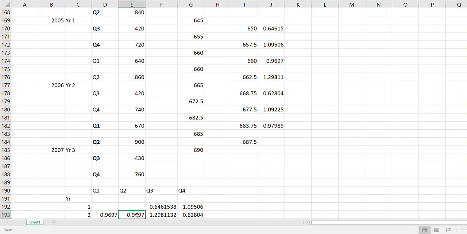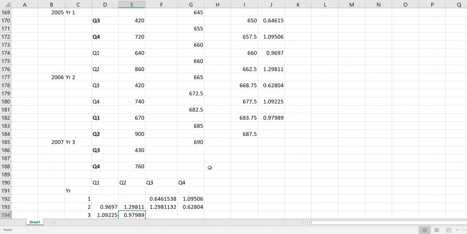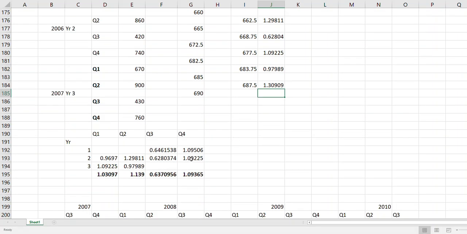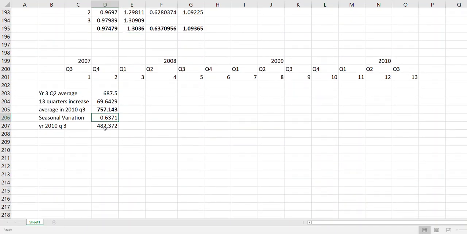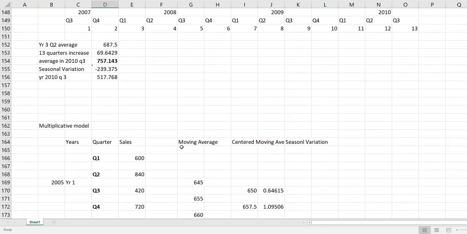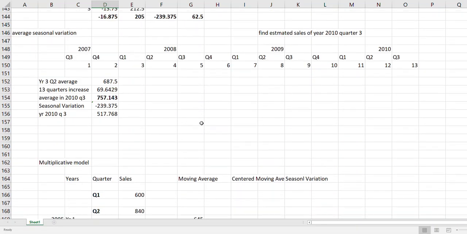This is quarter 2, and then quarter 3, quarter 4, and I haven't found this one. Quarter 4 and then quarter 1. Quarter 2. Yeah. So we believe that the data is going to be 482, which is lower than what the multiplicative model shows us.